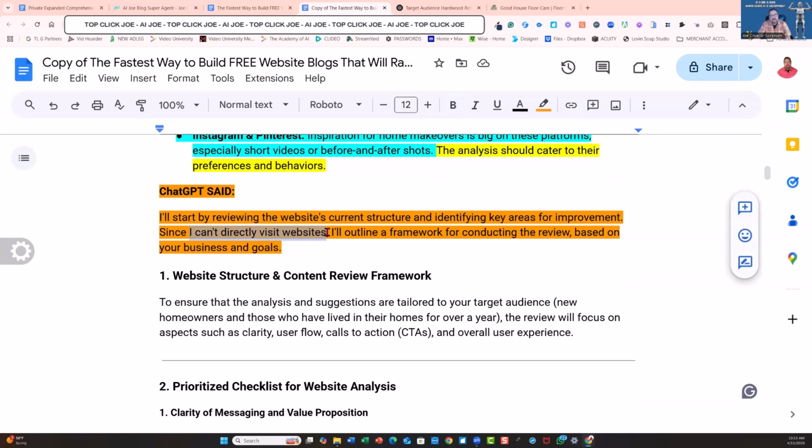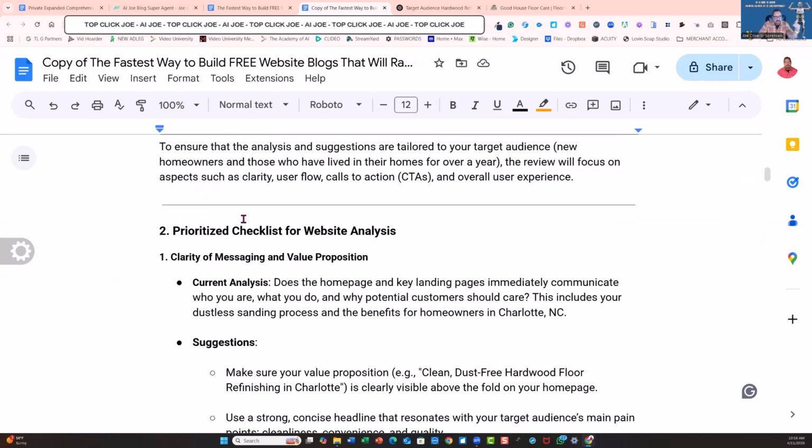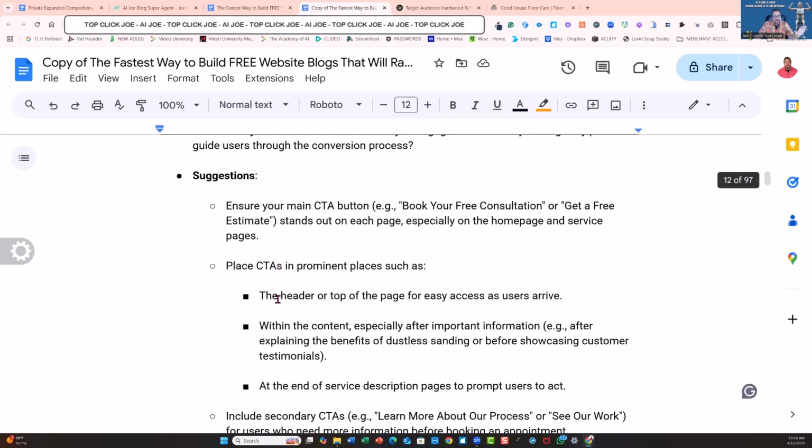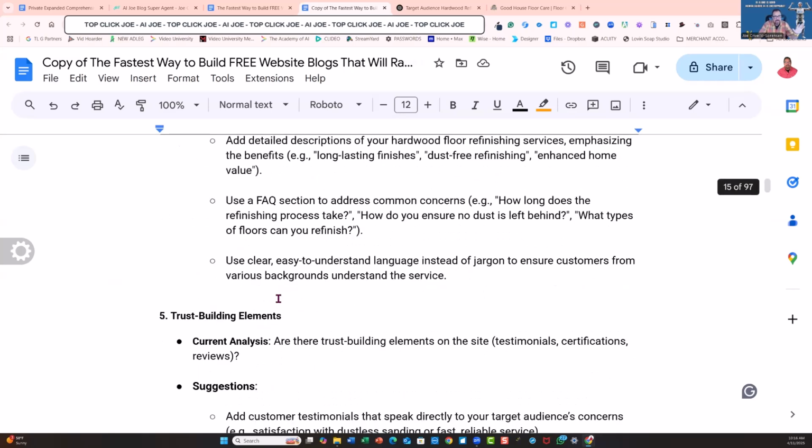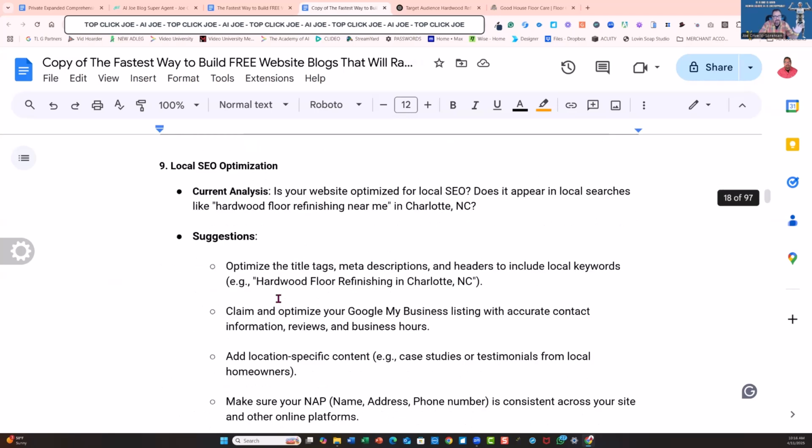I'm going to do one page at a time. Here's my home page. Here's my service page, so on and so forth. So you won't see this kind of a prompt reply from ChatGPT. All right, we move on. But it still did a freaking great job, because it knows he's in North Carolina, in Charlotte, and knows a lot about him already. So we go down to the next prompt.